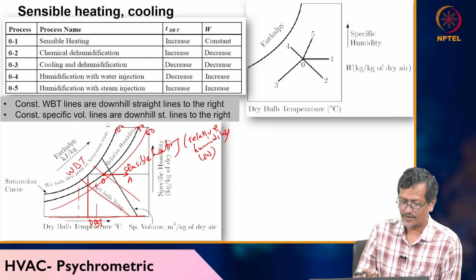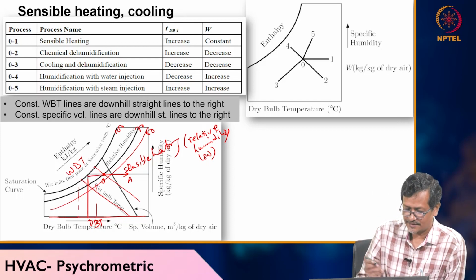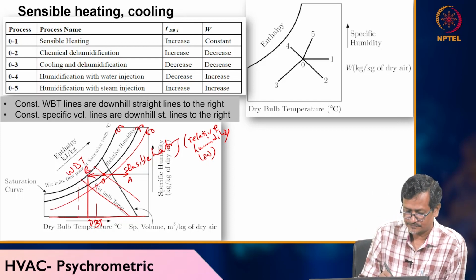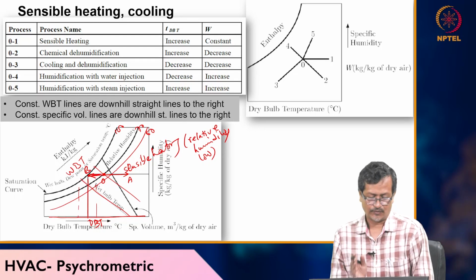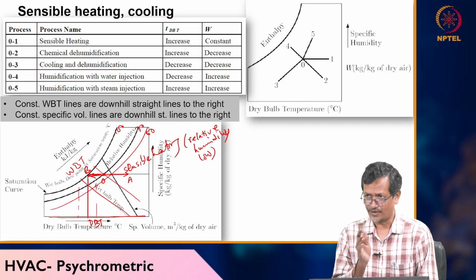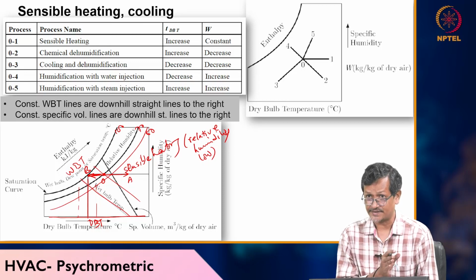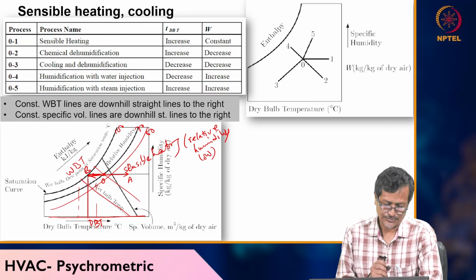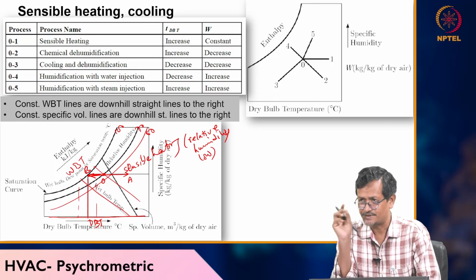But again, if you are cooling the same air, let's say line B, then what will happen? You're cooling, so temperature goes down, relative humidity will increase, although you are not adding moisture. But after a certain time, it will be 100% saturated. Saturated means, when you are reducing the temperature, the air will be saturated.